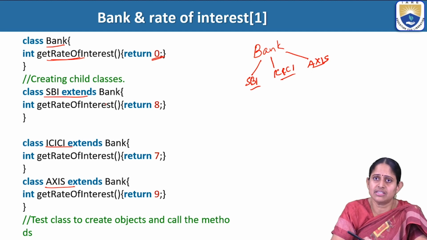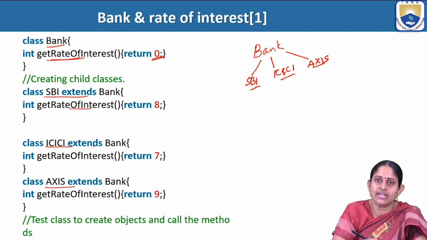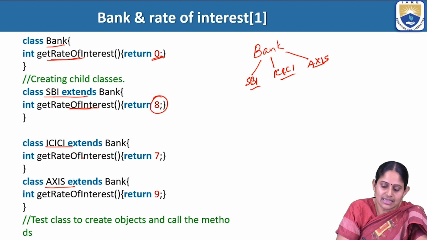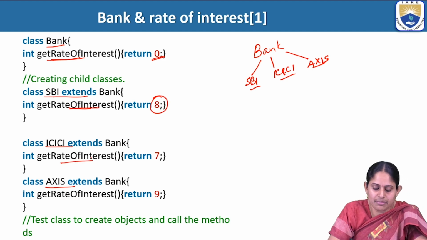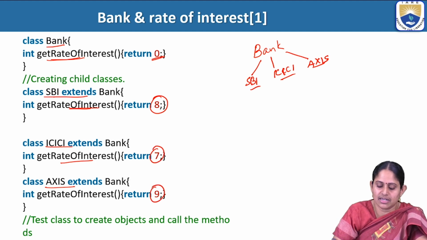Since the rate of interest differs in different banks, the implementation of that method should differ in each subclass. So in the SBA case, the method returns the value 8. In ICICI bank, it returns 7, and the Axis bank returns 9.